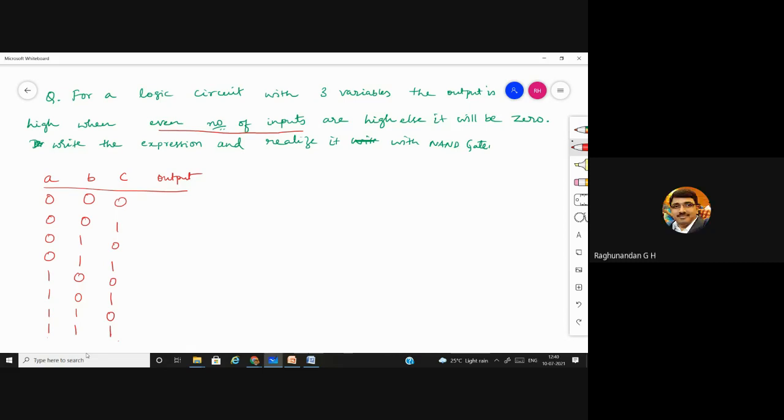Yeah, even number of inputs are high. Among these 3, any 2 inputs are high. It might be AB, it might be BC, it might be AC. Like that. My question is, here we are having 1, 1, 1. So what should I do?